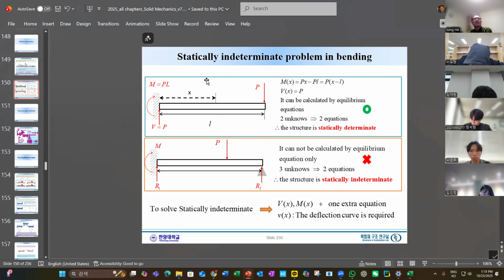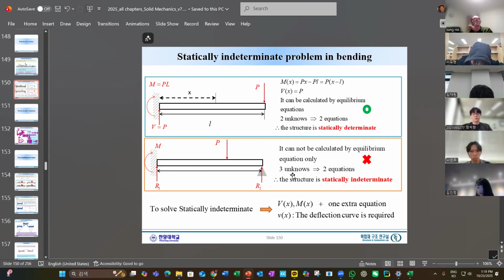Statically determinate means that when we only consider equilibrium, we can solve all other quantities. And statically indeterminate means that we cannot solve the problem by only considering the equilibrium. We have to consider others. Others means certain boundary conditions and so on.